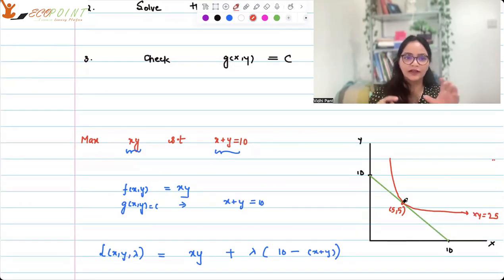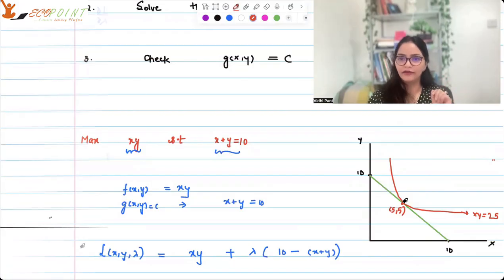Of course, when it comes to indifference curves of xy, you can take many other curves. You can create curves xy equal to 1, xy equal to 2, and so on and so forth. xy equal to 25 is what will touch this budget constraint and give you the optimal value at 5.